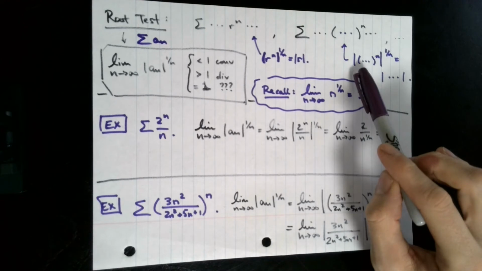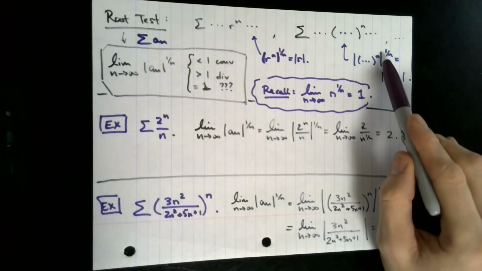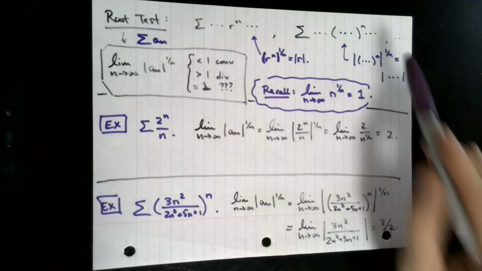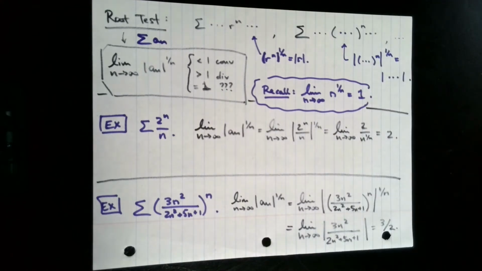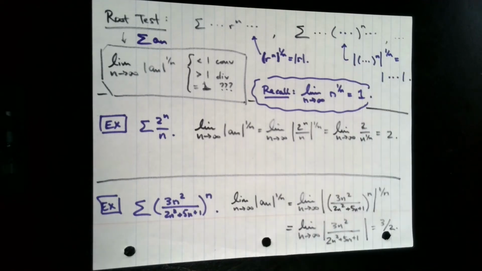Still, if it's being raised to the nth power, you take a power raised to a power when you raise to the 1 over n power, and n times 1 over n is 1, so ultimately you just get out what was inside your original parentheses, but with respect to absolute values.